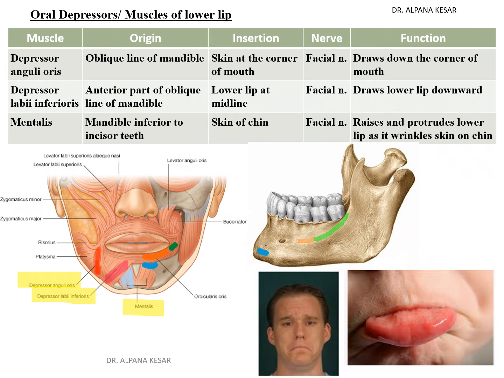Oral depressors, or muscles of the lower lip, help in depressing the lip. The muscles are depressor anguli oris, which is this, depressor labii inferioris, this muscle, and mentalis, this one.